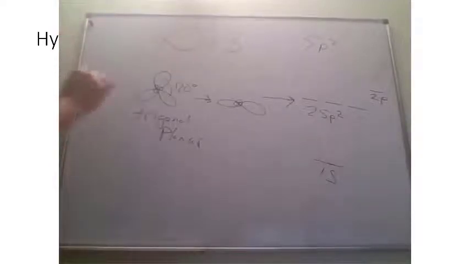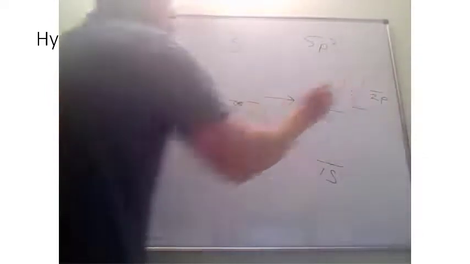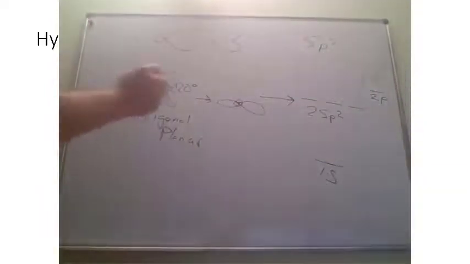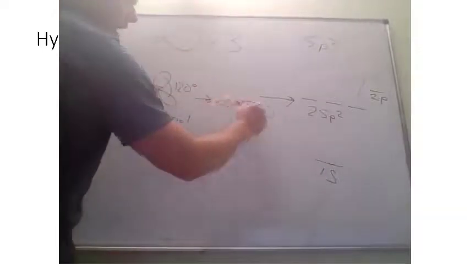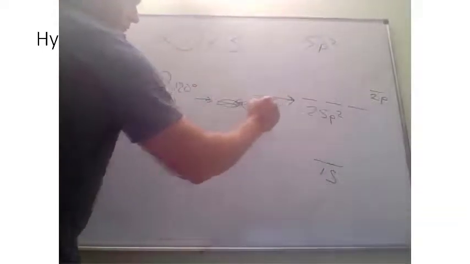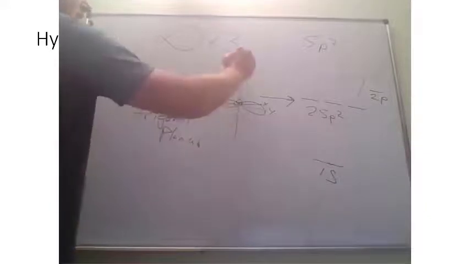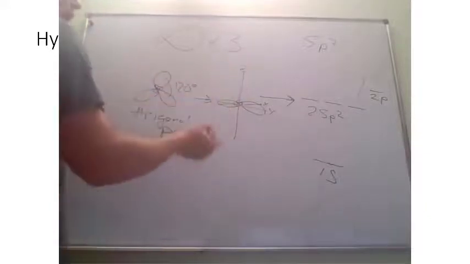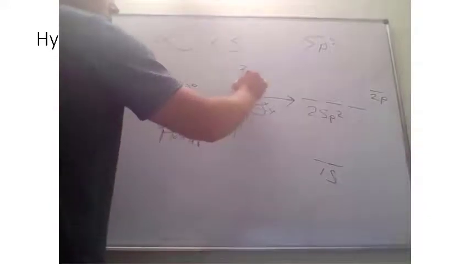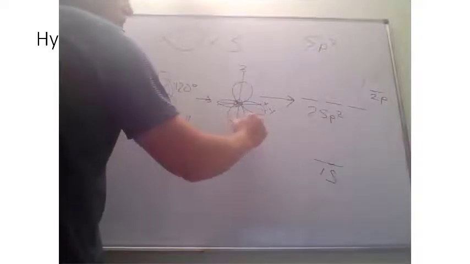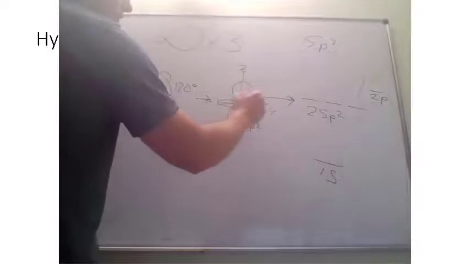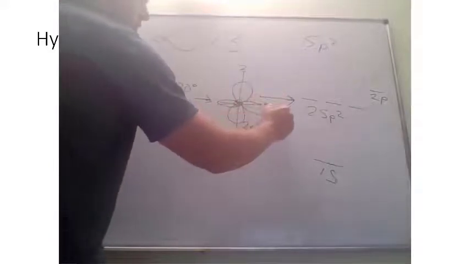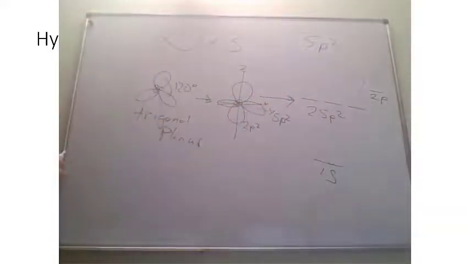The important part to note here is we have this remaining 2p orbital. If we call this flat plane the xy axis, what we have is our z-axis remaining. So that remaining 2p orbital can exist as a 2pz. Again, the three in the equator here are three different sp2 orbitals.